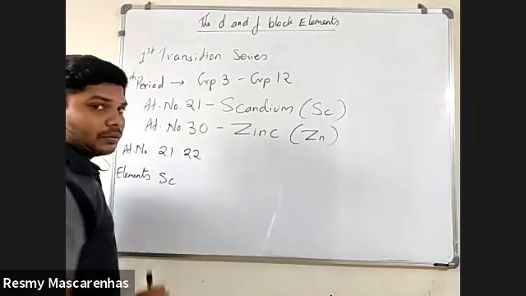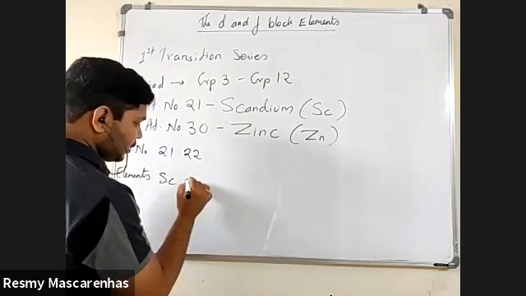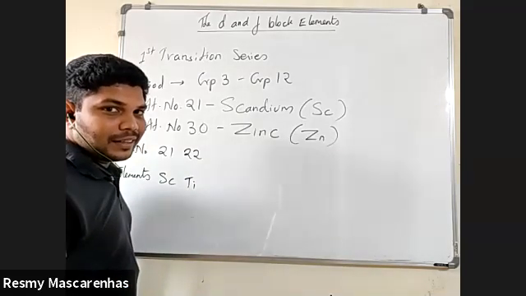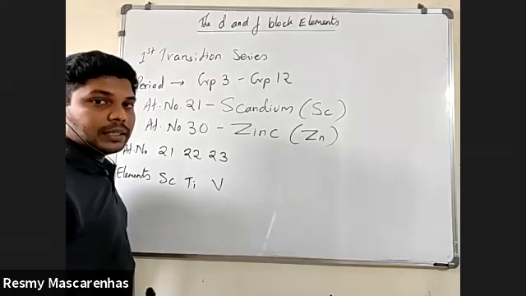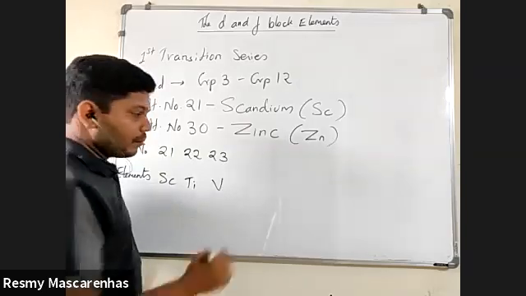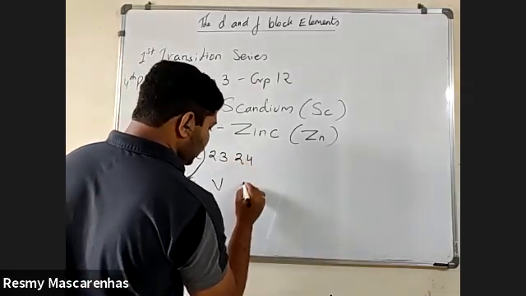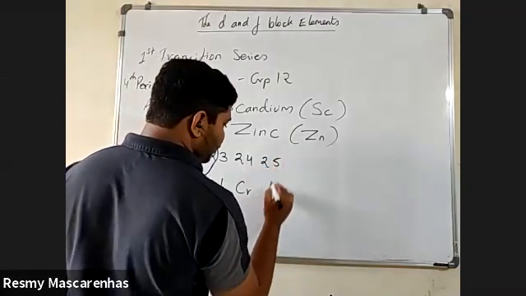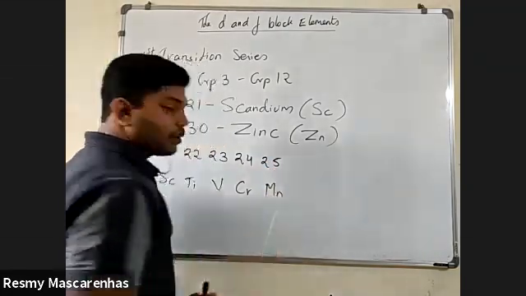Atomic number 22, element is titanium, right? Atomic number 23, element is vanadium. Atomic number 24, element is chromium. Atomic number 25, element is manganese.